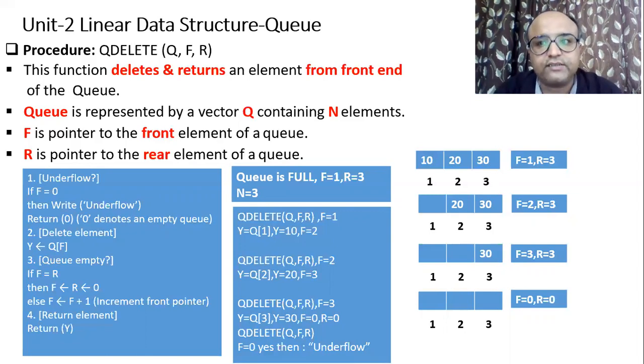there should be something inside. It might be possible that your queue is empty. If your queue is empty, then what will you delete? So before the delete operation, we have to check whether any element is present in the queue or not. It might be possible that your queue is empty. Such a situation is known as underflow.